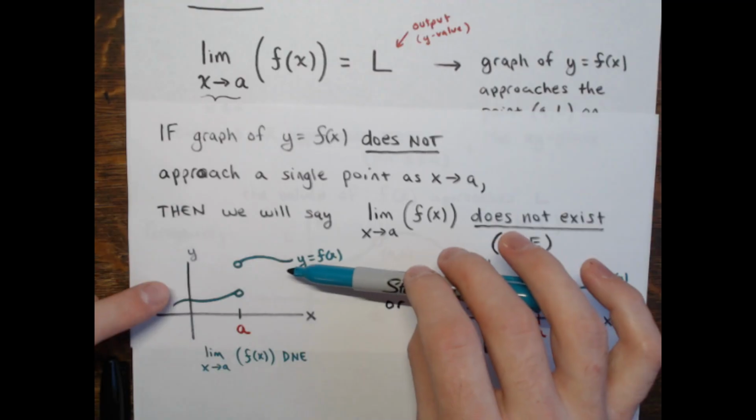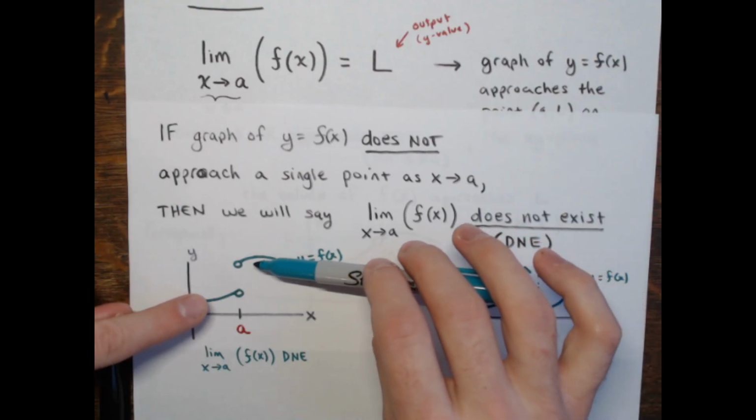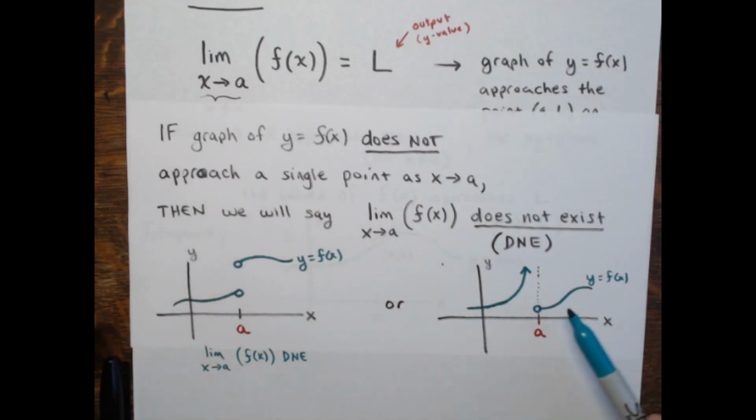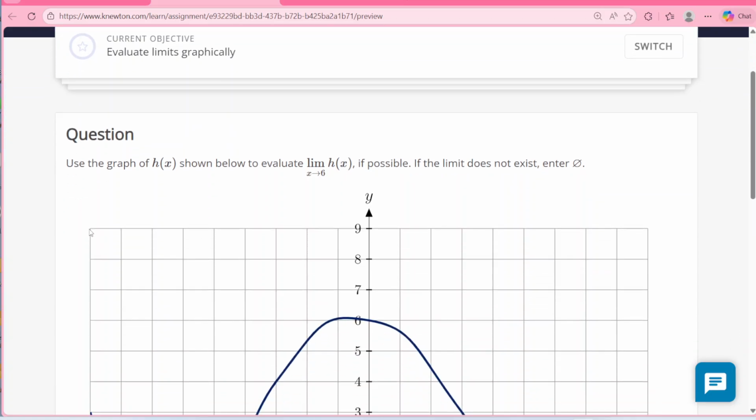All right, so on either side, left side, right side, the graph is going to different locations, right? These are clearly going to different places as you get closer and closer to x equals a. All right, so back in the problem, we're asked to use the graph of h of x shown below to evaluate the limit as x approaches 6 of h of x.